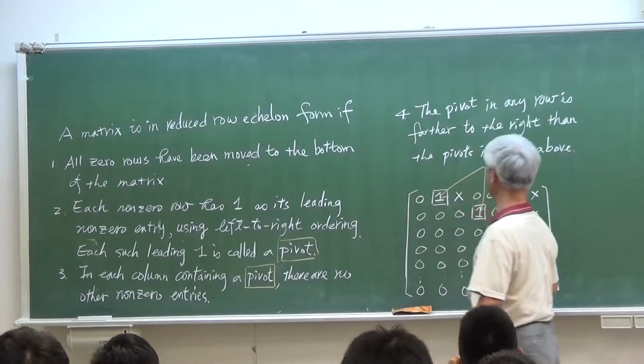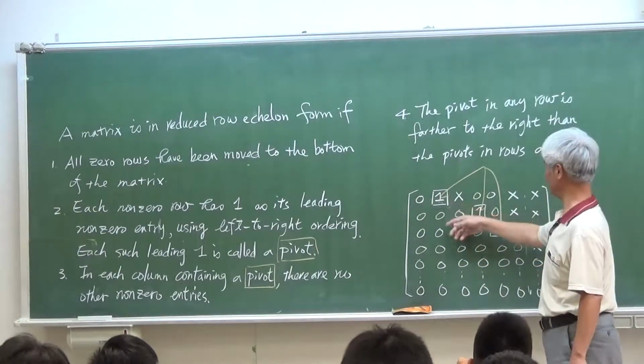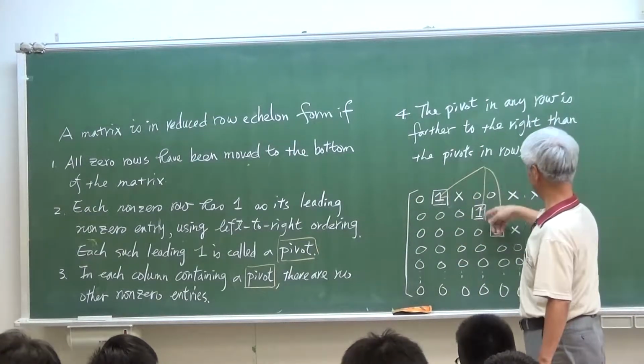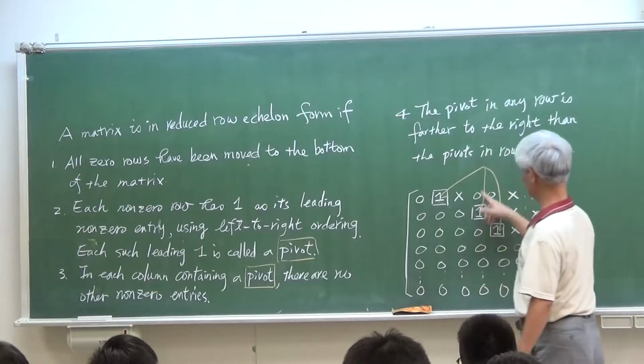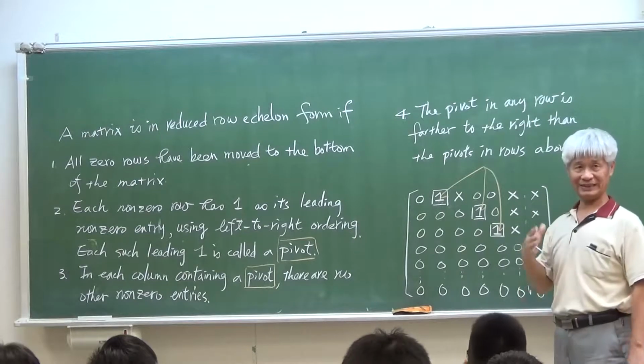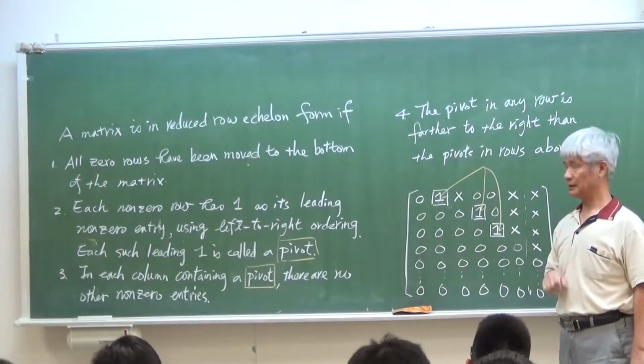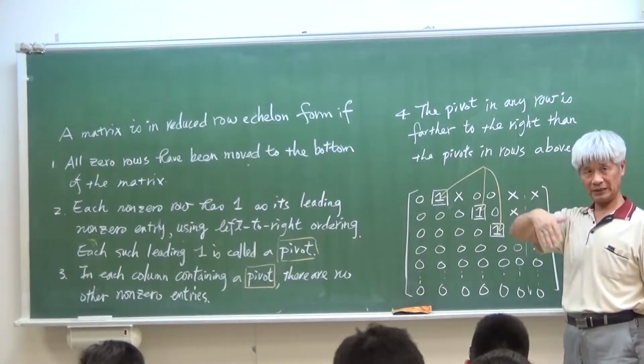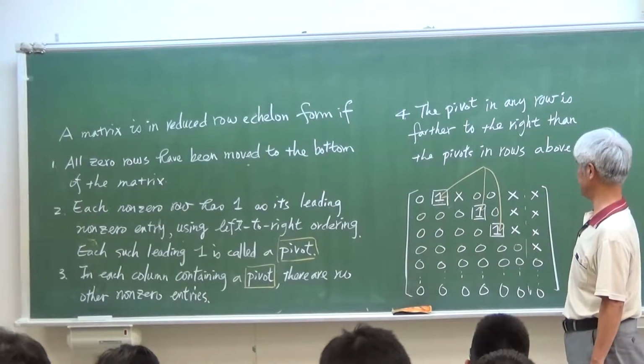And in each column containing a pivot, there are no other non-zero entries, so all have been eliminated, right? By replacement, we can eliminate them by replacement.